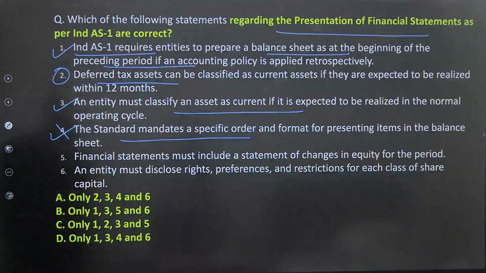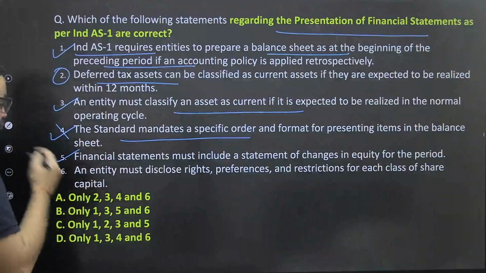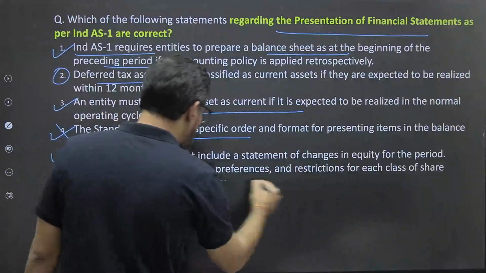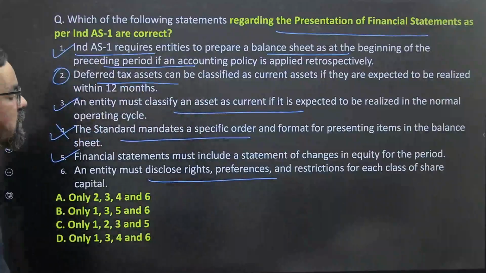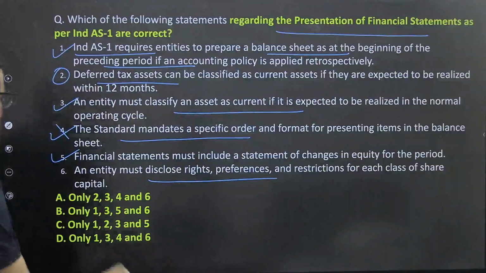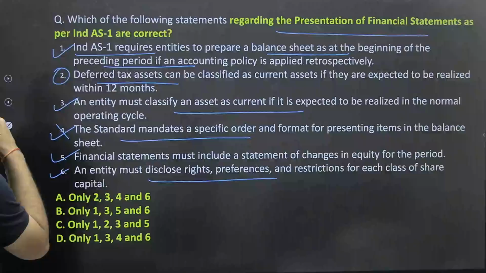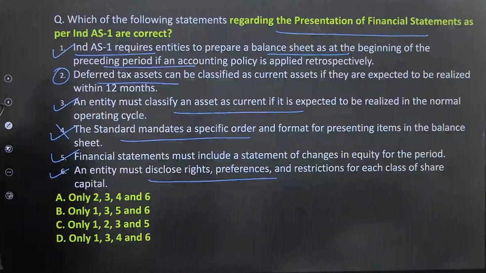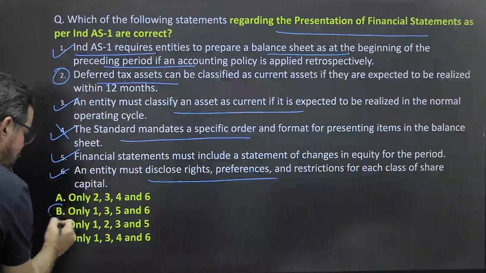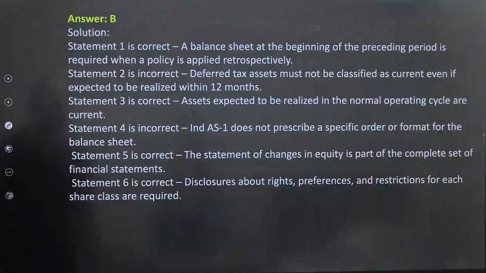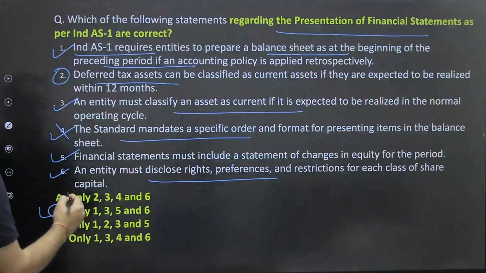Next one is, financial statements must include a statement of changes in equity for the period. Yes. An entity must disclose rights, preferences and restrictions for each class of share capital. Yes. So 1356. Do we have 1356? B must be the right answer. I'll just cross check this one. Yes, B is the right answer for this particular one.